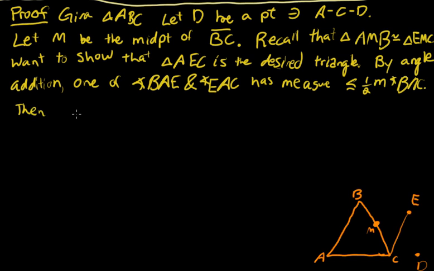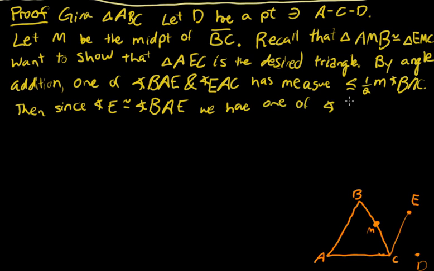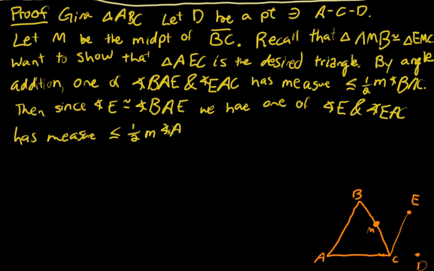Then, since angle E is congruent to angle BAE, we have one of angle E and angle EAC has measure less than or equal to half the measure of angle A.